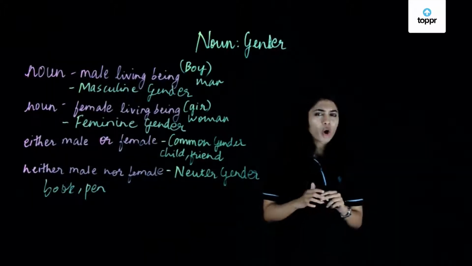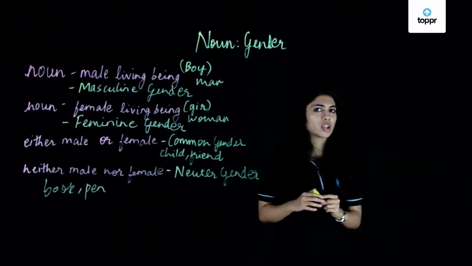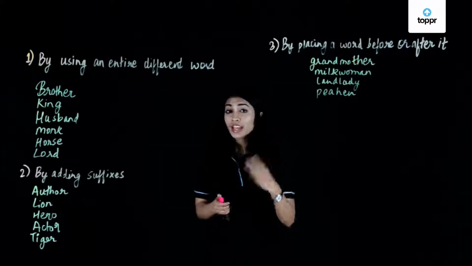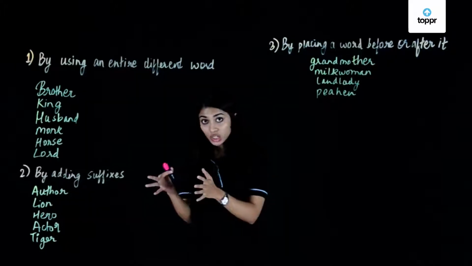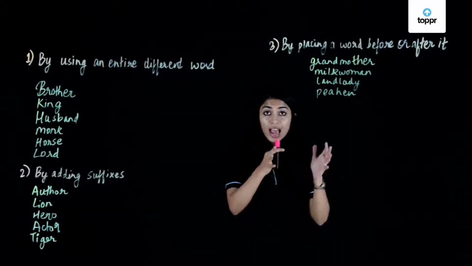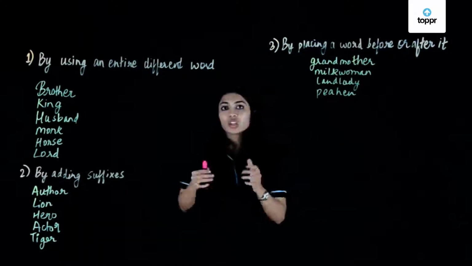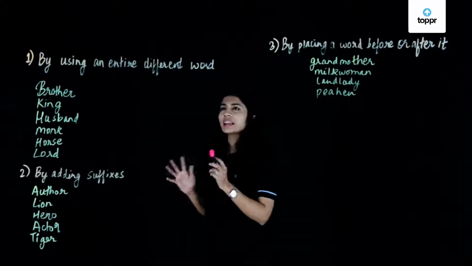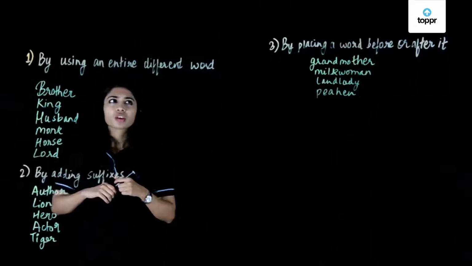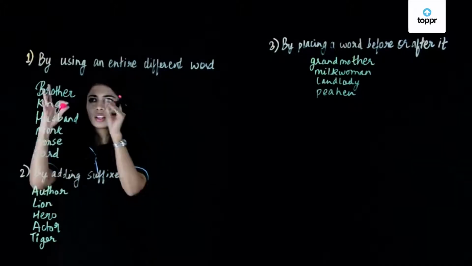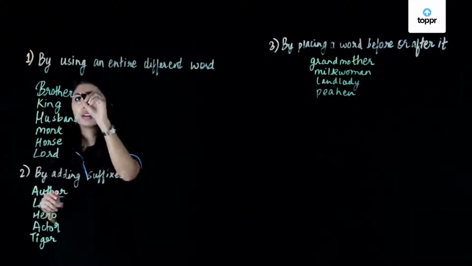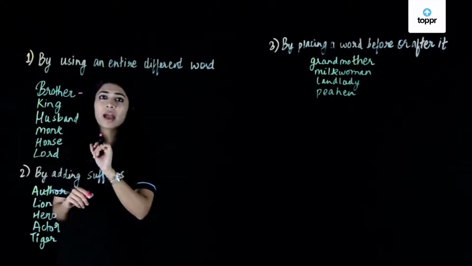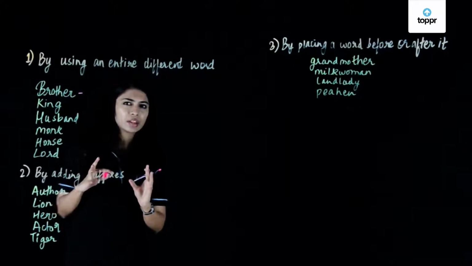But how do we form masculine and feminine genders? Well, let's find out. There are 3 ways of forming masculine nouns from feminine nouns and feminine nouns from masculine nouns. Let's look at the first way, by using an entirely different word. What does that mean? So let's look at our first example, which is brother, which is in the masculine gender, and what would be its feminine form?